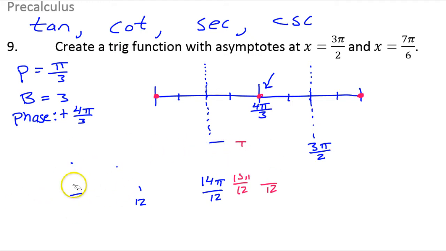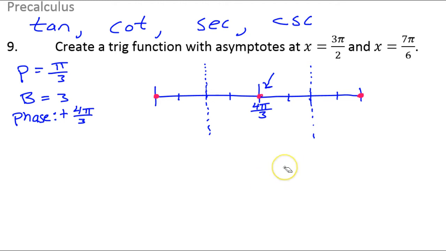Alright, so let's go ahead and do this. Armed with all that information, I now know that if I want to write a function for a tangent function, I could just say y equals tangent. The b value is 3, so I would put a 3 in there. Now there's a phase shift coming, so I'm going to put parentheses.